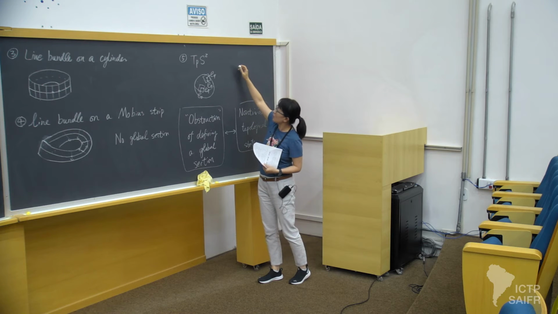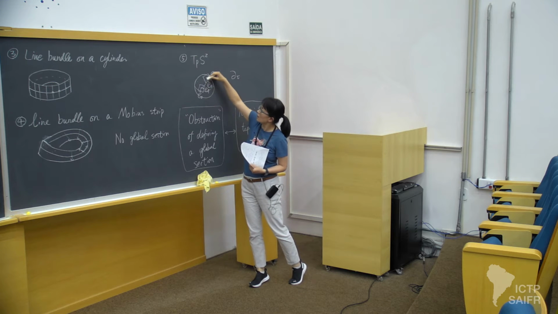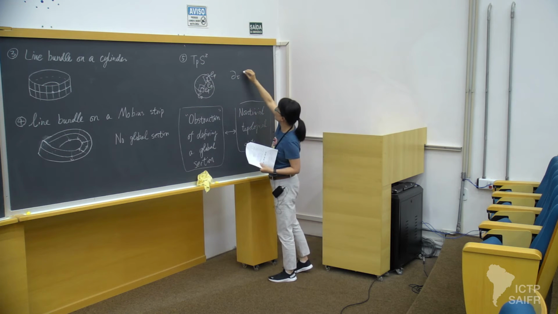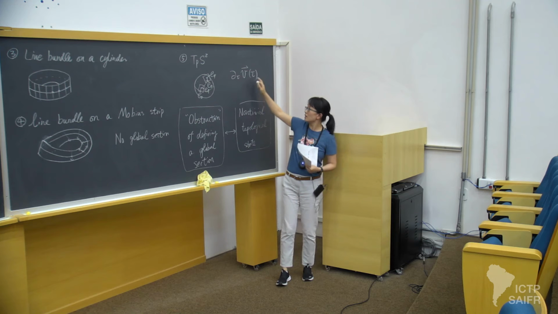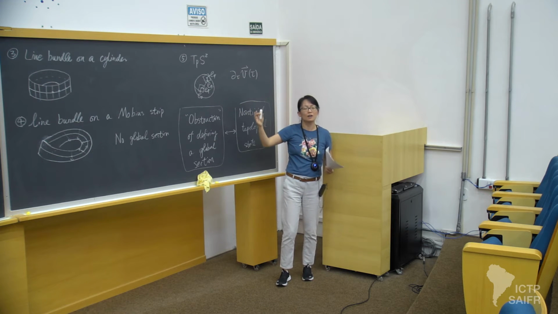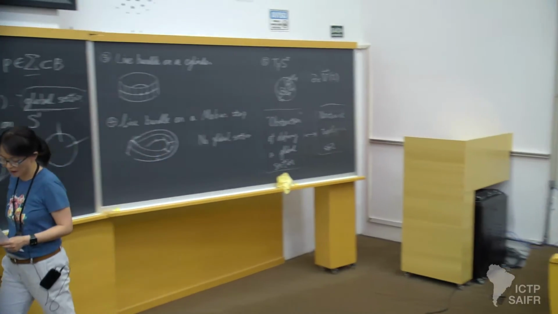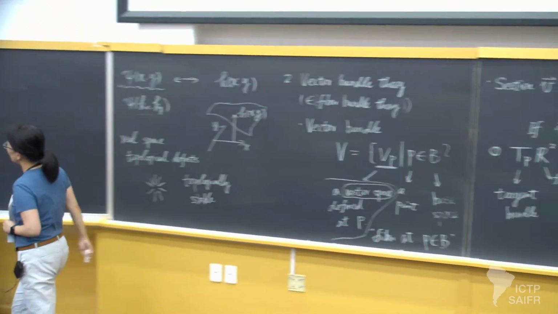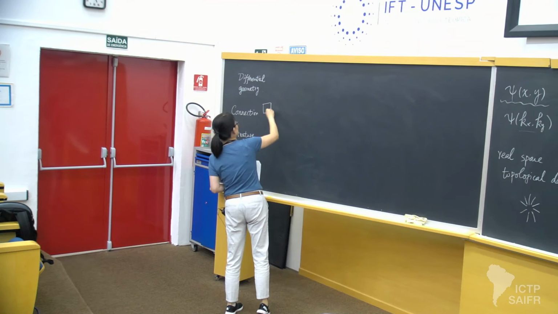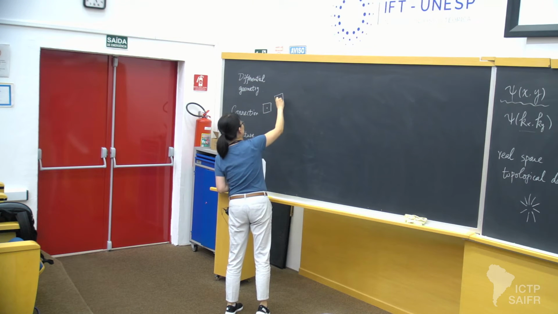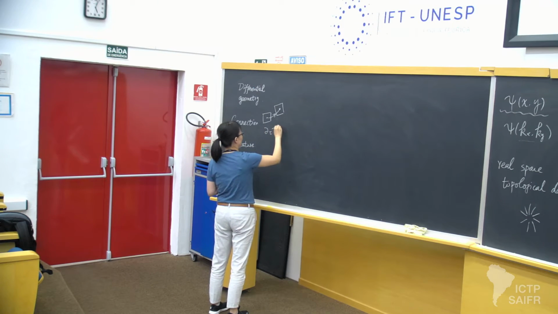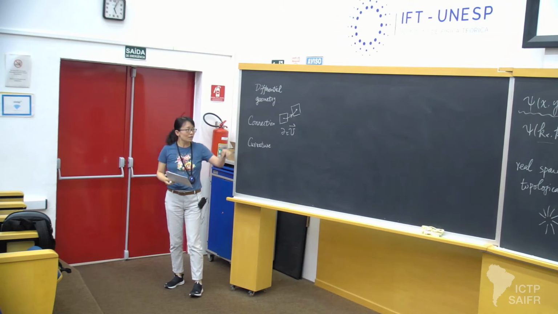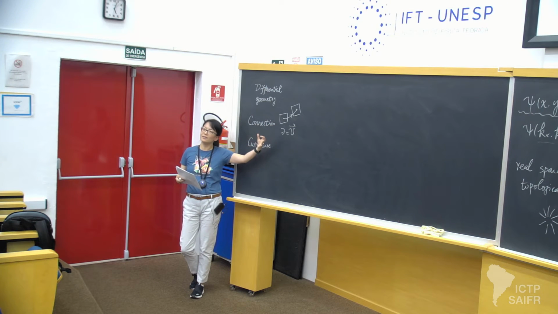Then I need to think about quantities such as, I choose any path on this base space, right? And I ask, how does this vector vary on this path? And this turns out to be what we call a connection. So the connection describes the variation of this vector space from points in space to the next point in space. And then we take this connection and do another derivative.